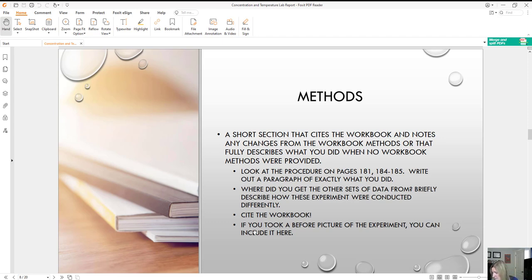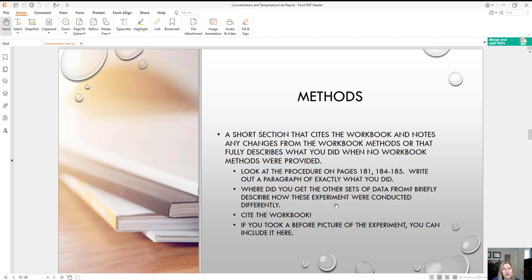Okay? And then once you've written down what you did completely, then you're going to briefly describe how the other experiments were conducted. So you don't actually need to go through and give a paragraph for every experiment. But just say what's different.